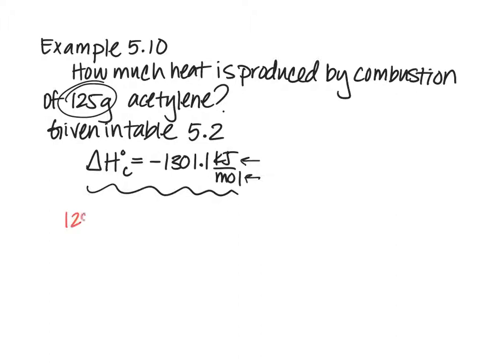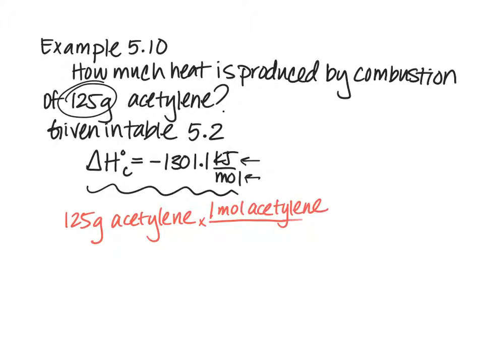So I'm going to first write out my 125 grams of acetylene. I then need to convert that into moles of acetylene. 1 mole of acetylene is approximately 26 grams.